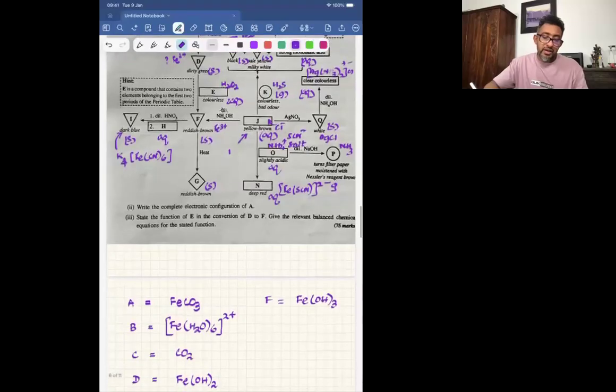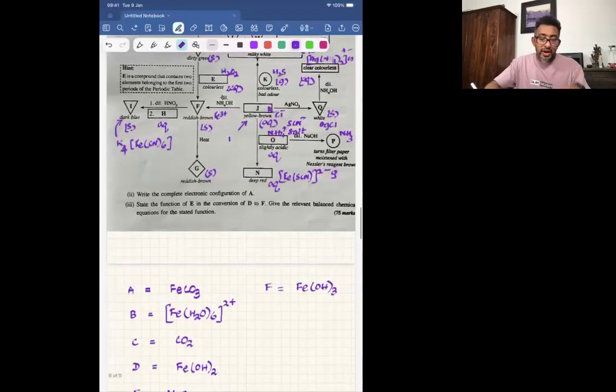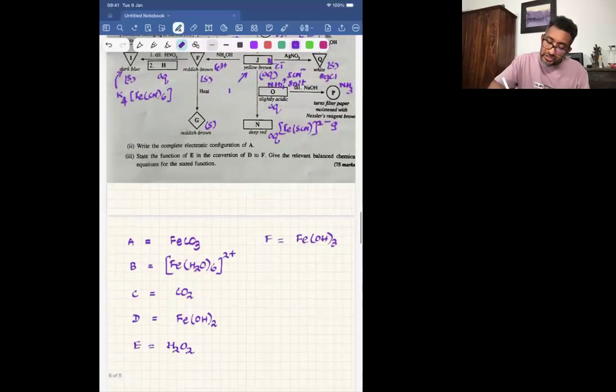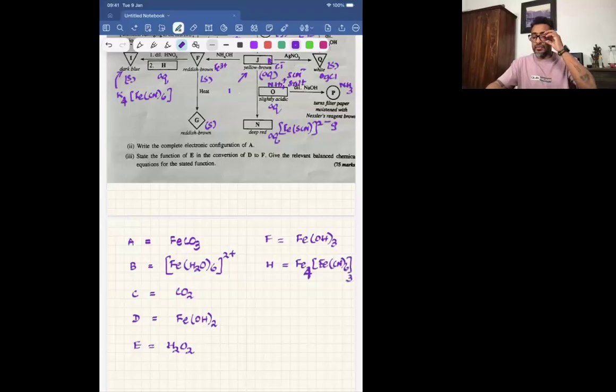F. Dilute nitric acid, you dissolve it and you add H. If you add H, it gives you the complex with Fe3+. So Fe4, Fe(CN)6 3.